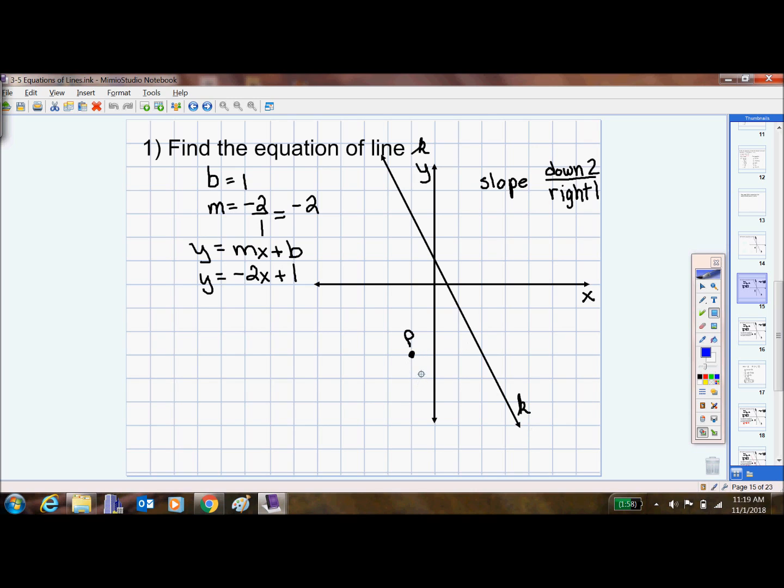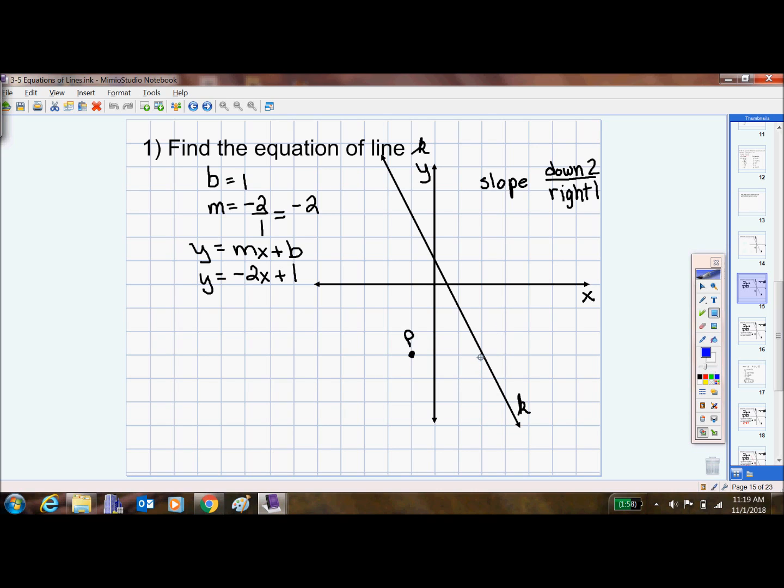Now, where the book wants us to go with this, because it's geometry, we need to think about parallel lines and perpendicular lines. We've also done that in Algebra 2. You also touch on that in Algebra 1, but once again, we're focusing in geometry because parallel and perpendicular are big important points.